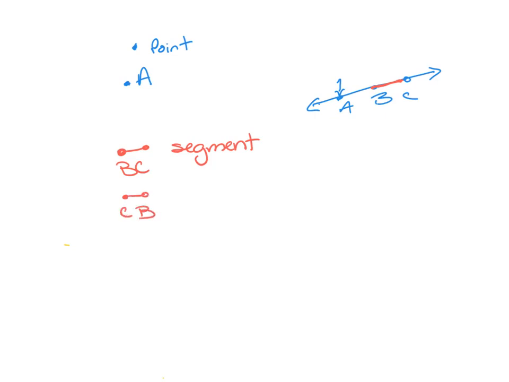So a ray, I'm going to change the color on that. A ray starts at one point and goes through with an arrow on the other. So if I were to write ray BA, it is different than ray AB. Let me show you.